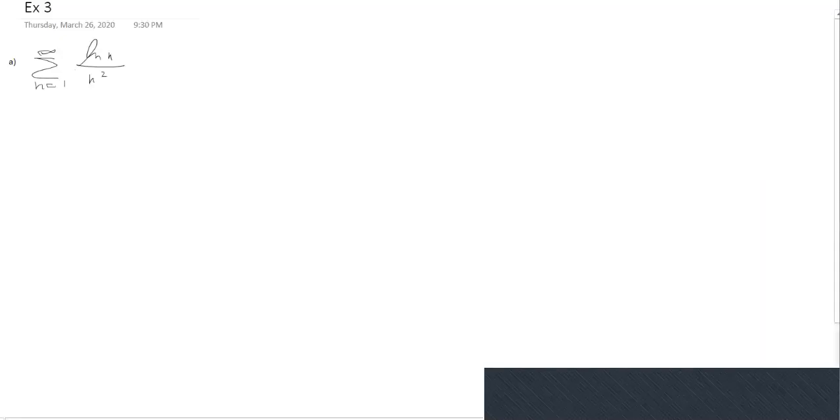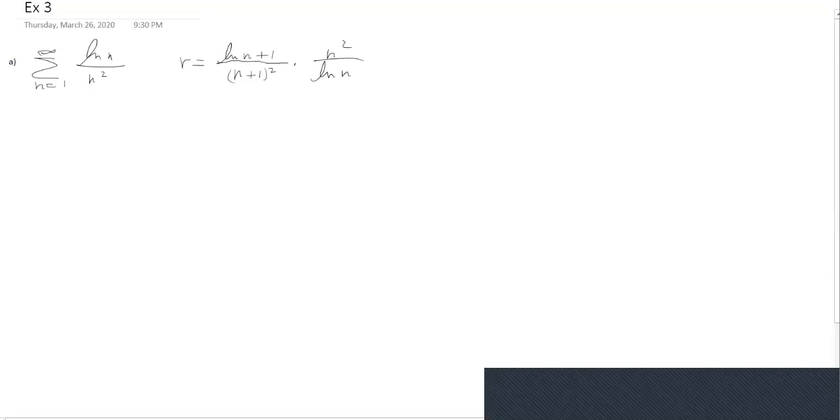Okay. Now, this one, the funny thing about it is, it looks like a good problem for the ratio test. So let's try that. And of course, this would be n squared, the natural log of n.